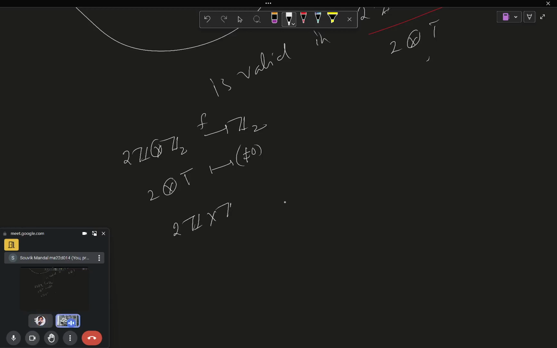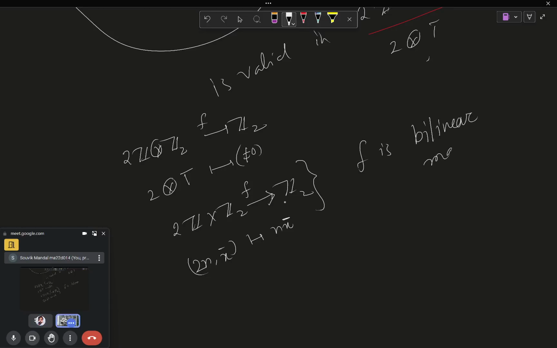First we need to make this map from the property. We define f of (2n, x bar) to be nx bar. Check that f is a bilinear map.